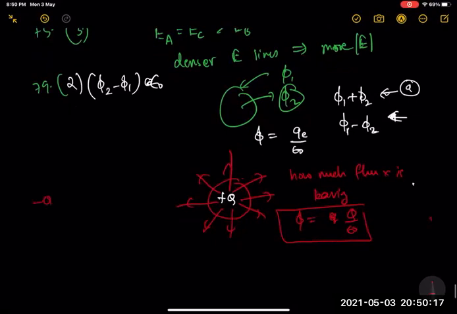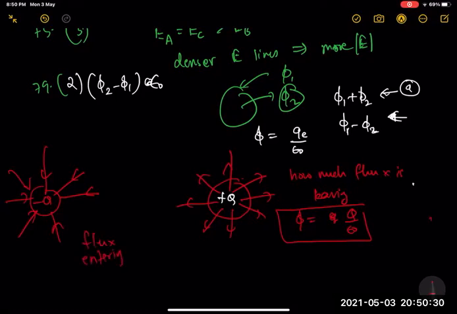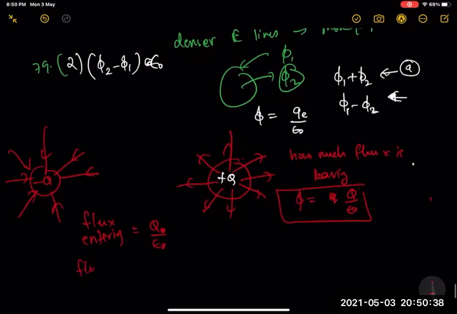Suppose it is a minus Q, then the lines will be coming like this, correct? You will say the flux entering, and you will not say leaving. Flux entering is equal to Q by epsilon naught. You can also say flux leaving is minus Q by epsilon naught. Do you understand the difference?